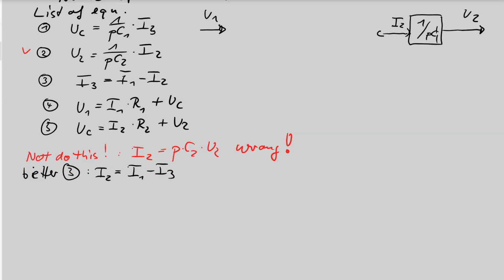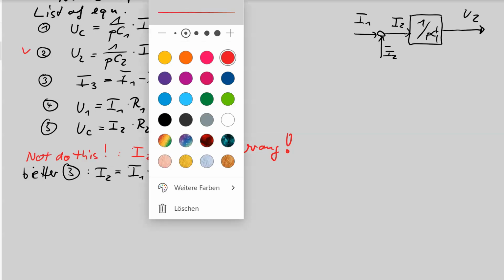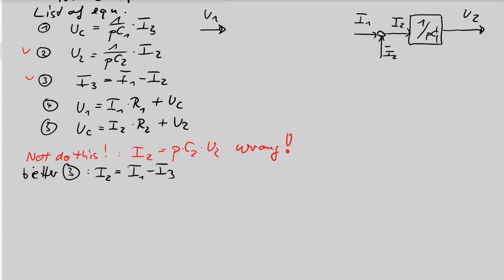So this is a summing point, and I1 is input positive and I3 is input negative, and a negative input can be marked with a negative sign at this branch. So equation number 3 is used in that way. I mark equation 3 with a mark, so never use this equation again.